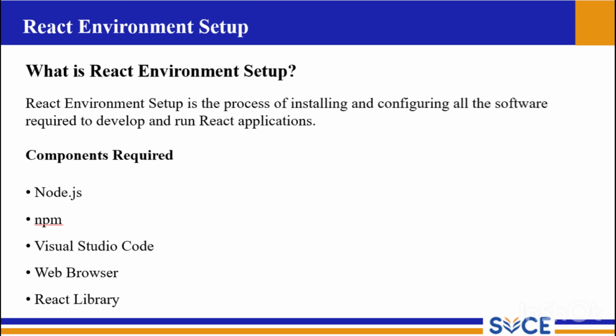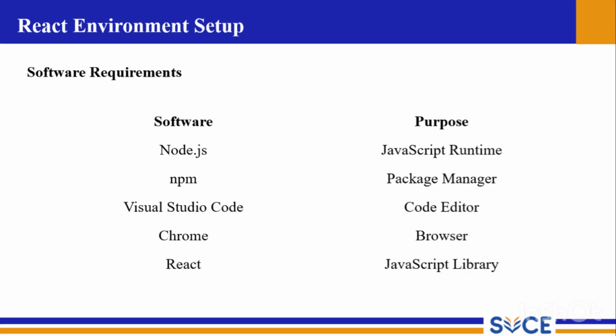The environment setup involves installing Node.js, which provides the JavaScript runtime, npm for managing packages, Visual Studio Code for writing code, and a web browser to view the application. Once these tools are installed, we can start building modern web applications using React. Now let us understand the purpose of each software component.